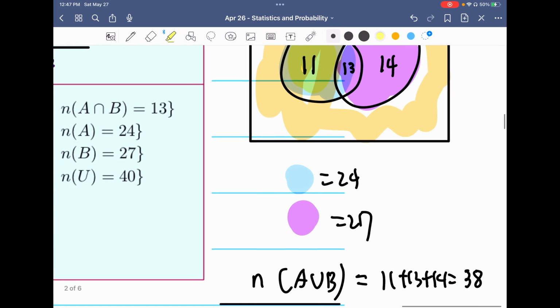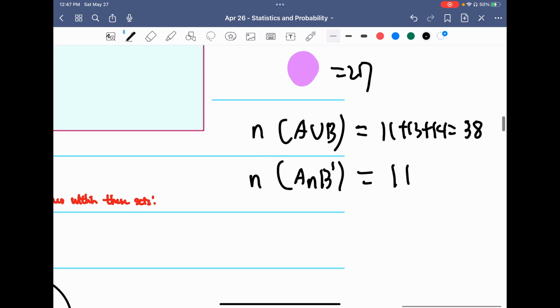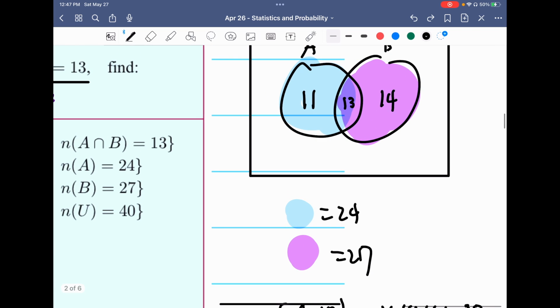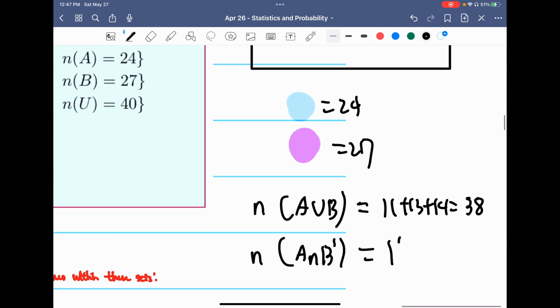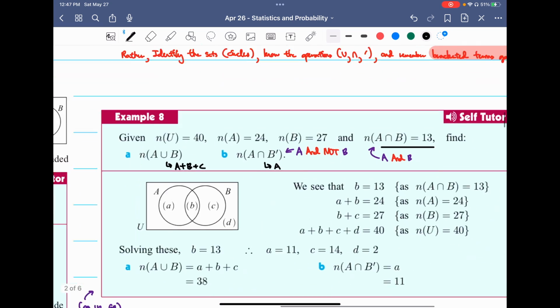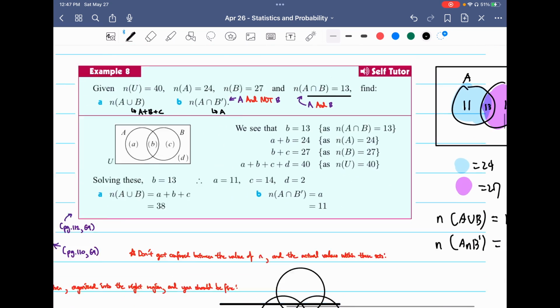So it'd be exactly 11. Let me just erase all the highlights. Oh wait, that was the final question. Yes, so this is the way you can get it.